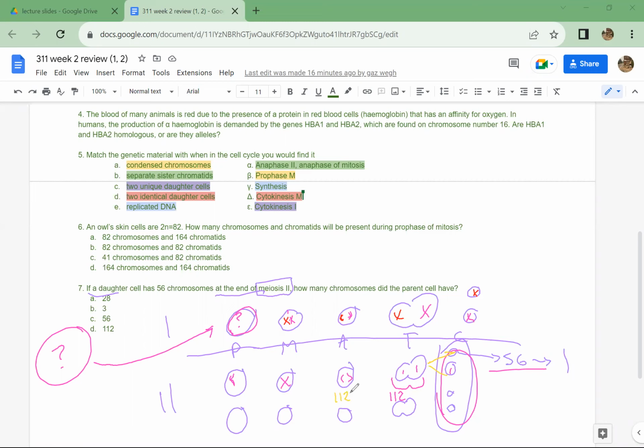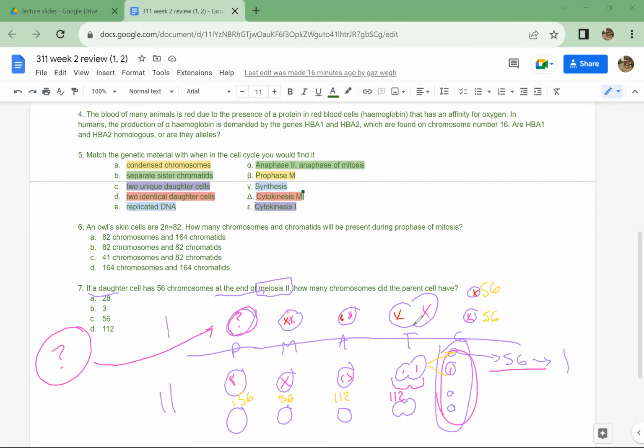However, right here, a chromosome is made up of two chromatids. So this, before they split in anaphase of meiosis 2, was still 56. Means 56 here, and 56 here.